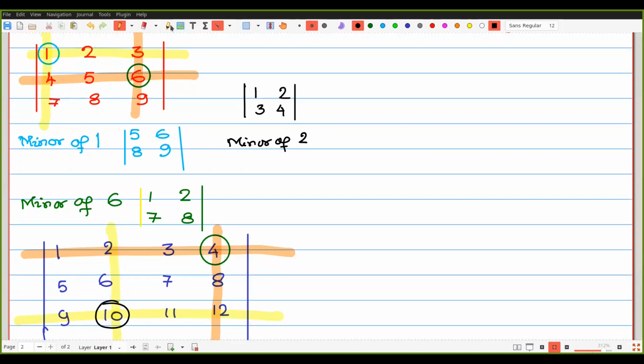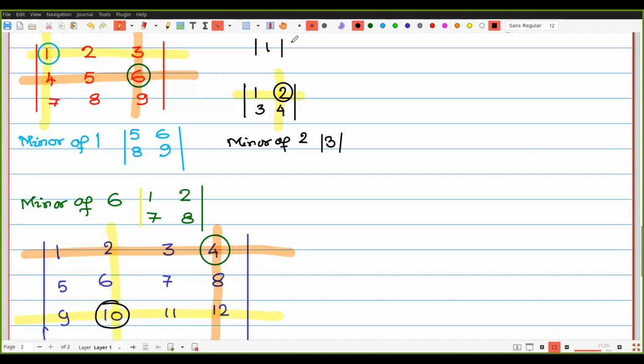Remove the row it is residing in and the column it is residing in. So the minor of 2 is only 3. Suppose there is only 1, what is the minor of 1? Practically there is no minor of 1 because it is the only element. There is no other minor. Is that clear now? Yes, sir.